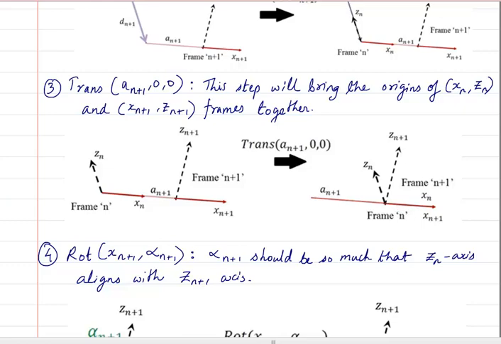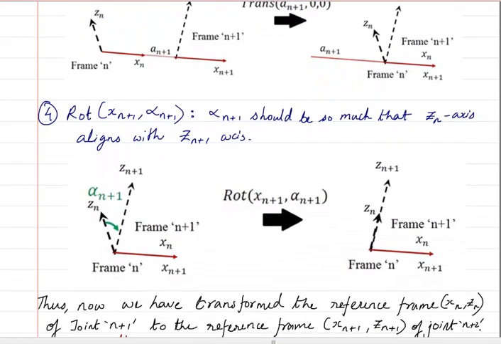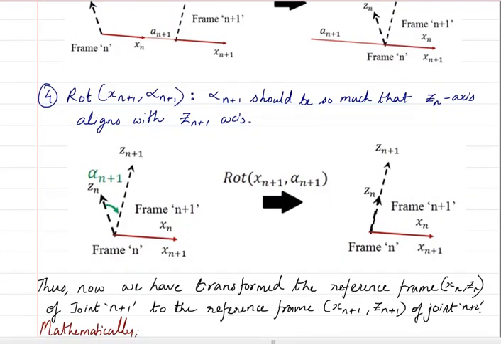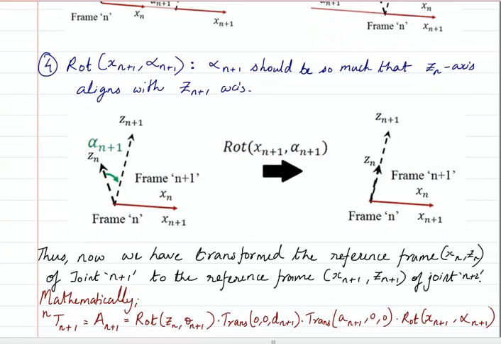In that case we have to do the last one, the fourth one, which is that we have to turn zn with respect to the x axis. So we are rotating with respect to xn plus 1 by an angle of alpha n plus 1, and that turn will bring the final overlapping of frames n and n plus 1.